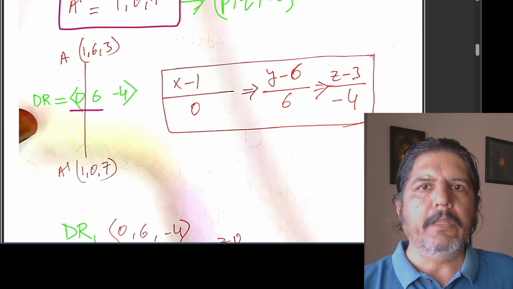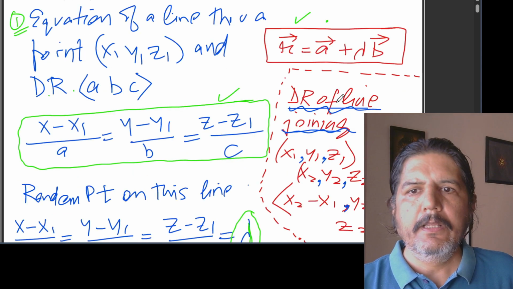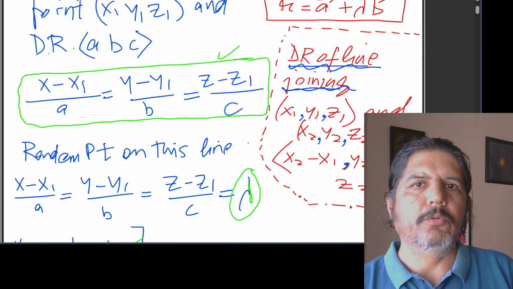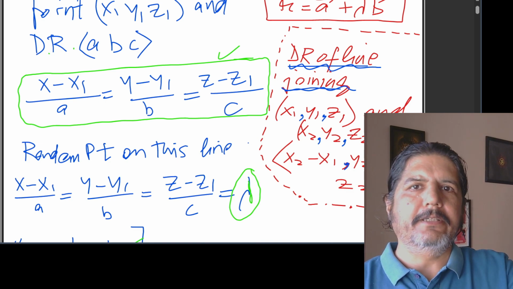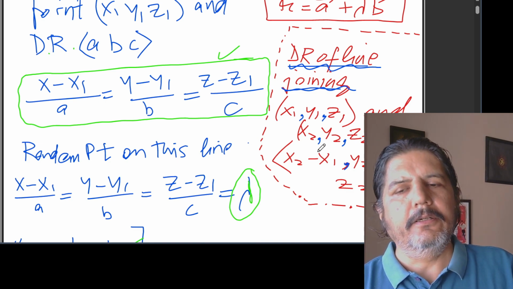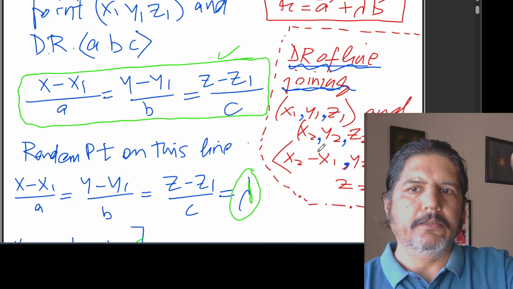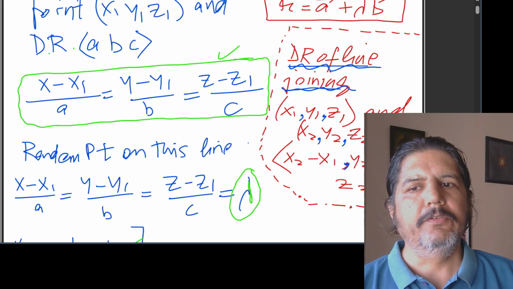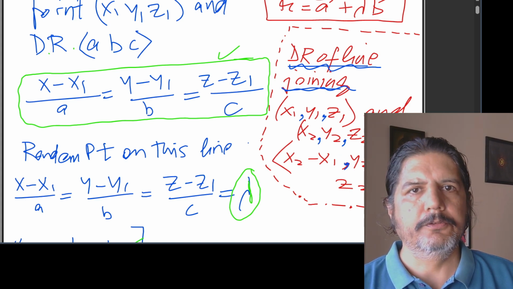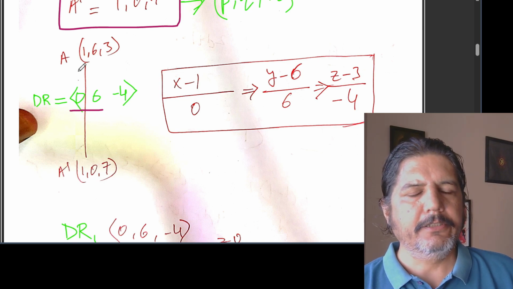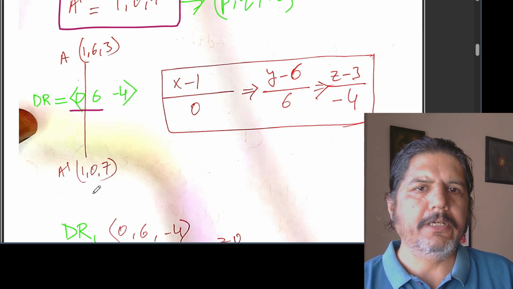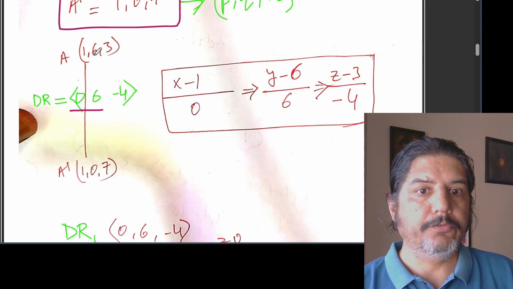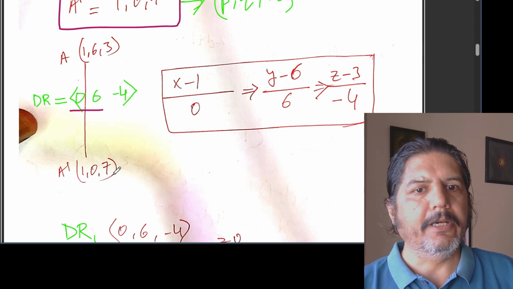Now remember, as I've told you before, the direction ratios of any line which joins two points x1, y1, z1 and x2, y2, z2, you just subtract the respective x, y, z. So x2 minus x1, y2 minus y1, z2 minus z1 would be the direction ratio. So 1 minus 1 is 0, 1 minus 1 is 0, 6 minus 0 is 6, 3 minus 7 is minus 4.